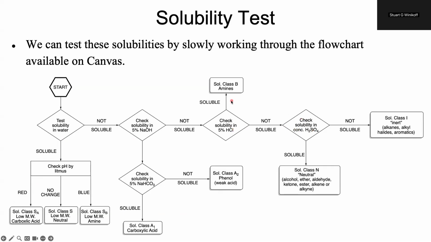Very easy, like an amine, or much harder, like an oxygen-containing functional group, such as an alcohol, ether, aldehyde, any of our carbonyl-containing species. If you put it in concentrated sulfuric acid and I can throw a proton on it, I probably will. If it doesn't dissolve in any of these, well, that means I'm looking at something with no nitrogens, no oxygens, meaning either an alkane, an aromatic, or an alkyl halide. So using these techniques, we can identify our species.